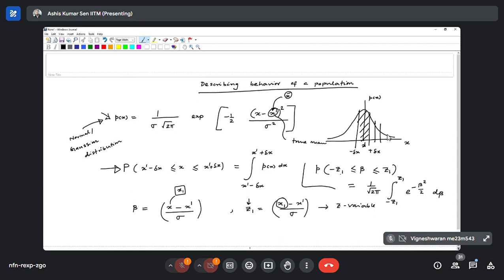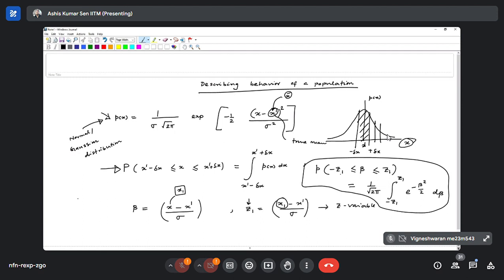Okay, so you can notice that we have gone from the variable x to variable beta, and your x prime minus delta x and x prime plus delta x are denoted as minus z1 and plus z1. So now instead of x, you have z.